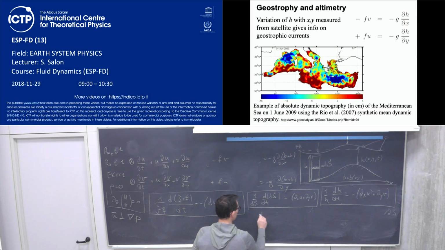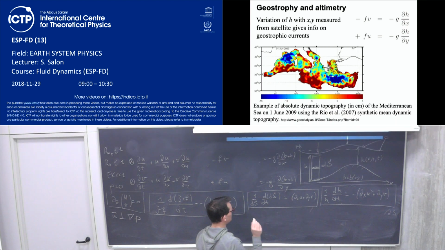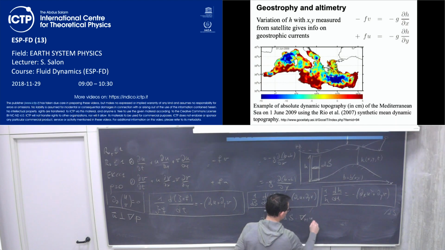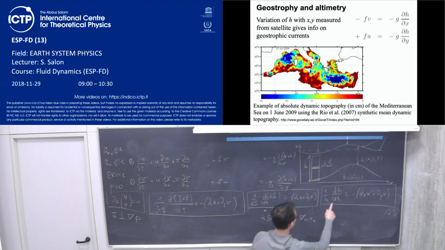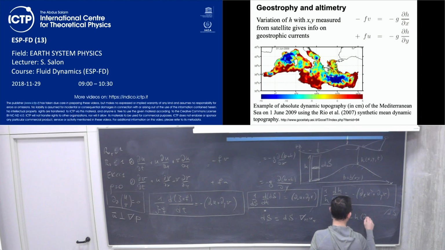Let's do it a little bit more. Let's use the dot symbol to represent the variation in time. So ds with the dot is equal to ds multiplied by the horizontal divergence. And here we have h with the dot, which is equal to minus h multiplied by the horizontal divergence.